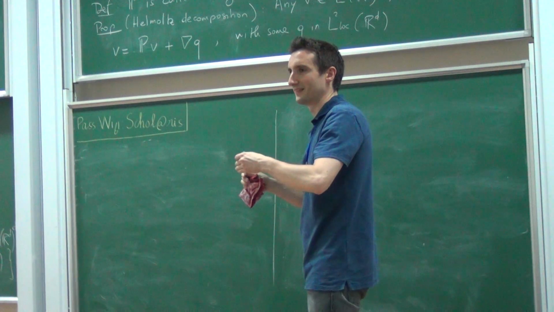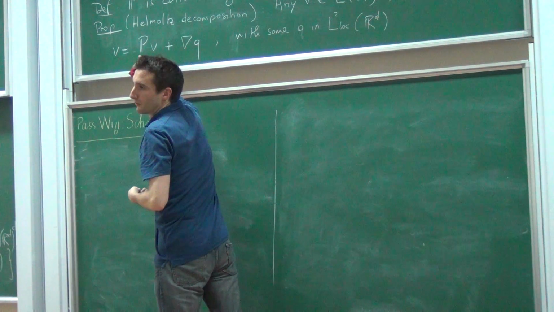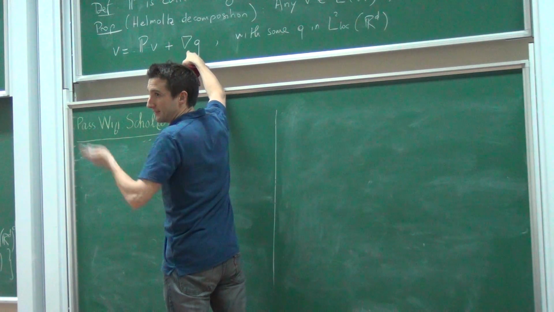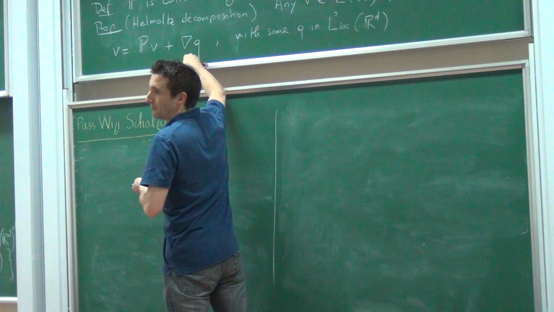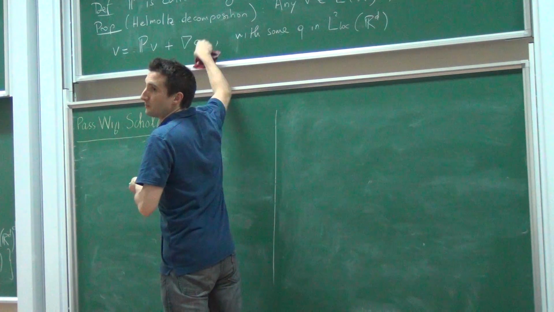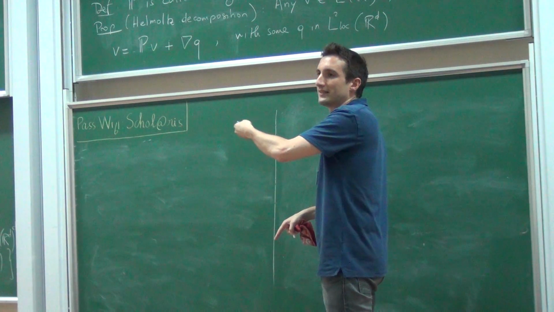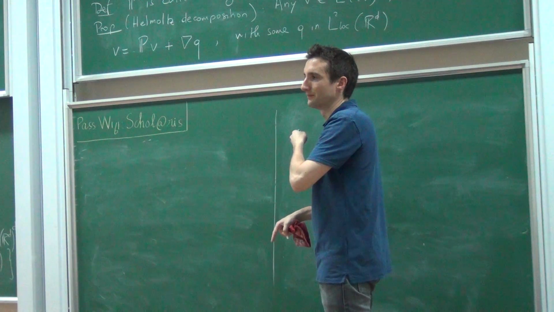So, in particular, when you apply the Leray projector to a gradient field, it's 0, because this is orthogonal to divergence-free fields. So when you apply P, this should be 0. And it tells you that anything that is orthogonal to divergence-free vector fields is a gradient.